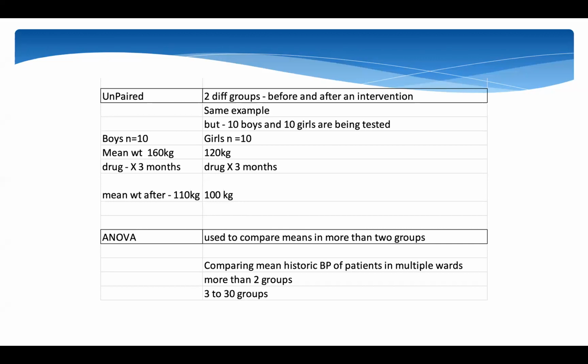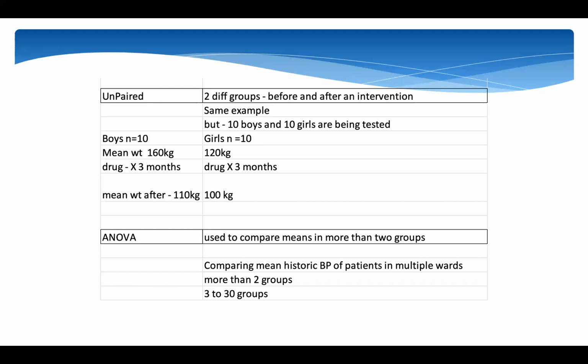The drug was used for 3 months. After the intervention, the mean weight of the boys reduced to 110 kgs and the mean weight of the girls reduced to 100 kgs. So now we have 2 sets of data from 2 different groups, which are not paired. They are not the same. They're 2 different groups, so unpaired. But we are utilizing this data to compare and come to a conclusion.